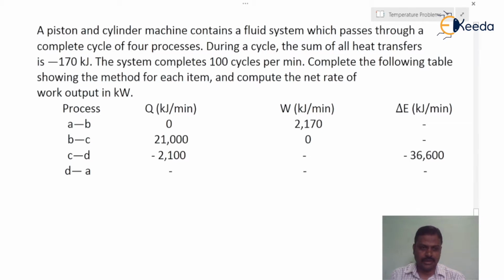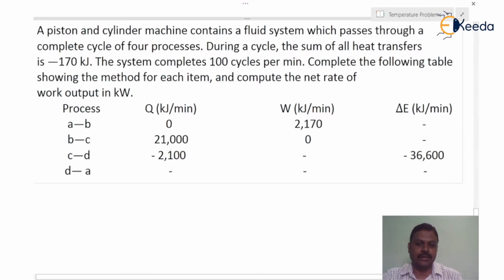So along the process AB, heat interaction is 0 and work done is 2170 kilojoules per minute, and then delta E has to be calculated. Similarly, for process BC, 21,000 kilojoules per minute of heat is supplied, and it produces 0 kilojoules per minute of work, and delta E has to be calculated.